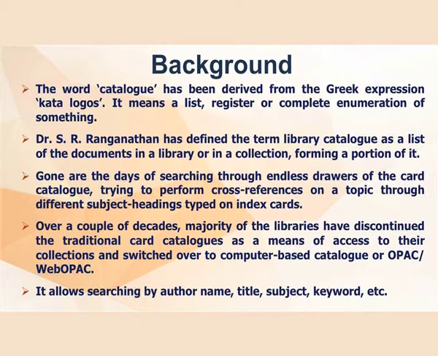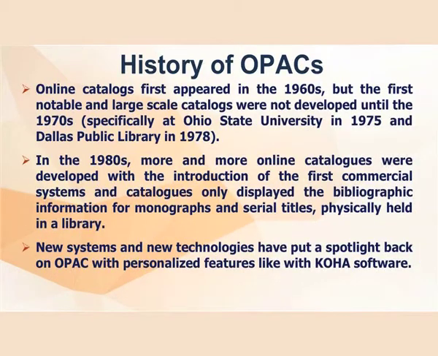Let us talk about the history of OPAC or online public access catalog. Online catalogs first appeared in the 1960s, but the first notable and large scale catalogs were not developed until the 1970s, specifically at Ohio State University in 1975 and Dallas Public Library in 1978.